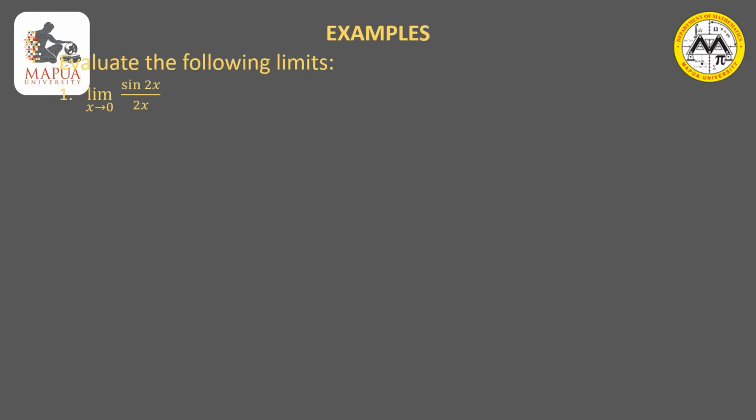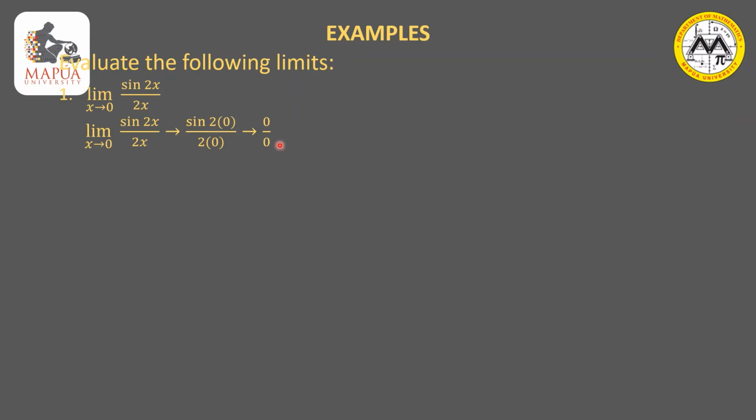Okay, let us illustrate the use of L'Hopital's rule, working on some examples. For number 1, we want to evaluate the limit of sine 2x divided by 2x as x approaches 0. Initially, when you investigate what the limit of this ratio is as x approaches 0, this will simply give you sine of 2 times 0 divided by 2 times 0, or we have 0 divided by 0.